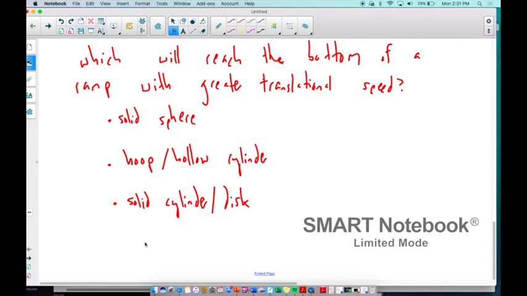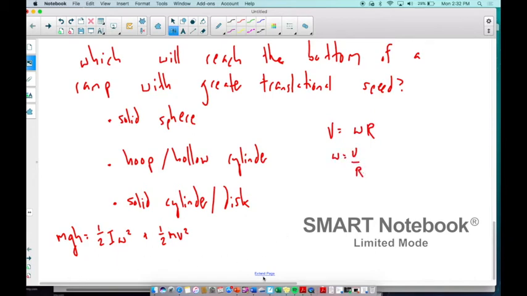Well, guys, remember that we've already said that as long as energy is conserved, and remember, energy is always conserved for rolling without slipping, gravitational potential energy is going to become rotational kinetic energy, 1/2 I omega squared, plus translational kinetic energy, 1/2 mv squared. And we know that v equals omega r, or omega equals v over r.